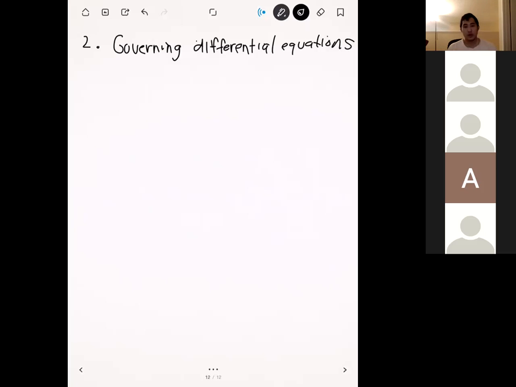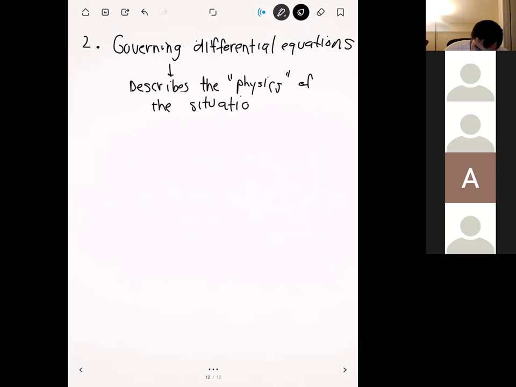And what this equation does is it basically describes the physics of your situation. Depending on what type of physics you expect or what kind of situation you have, you're going to have different governing equations, right?